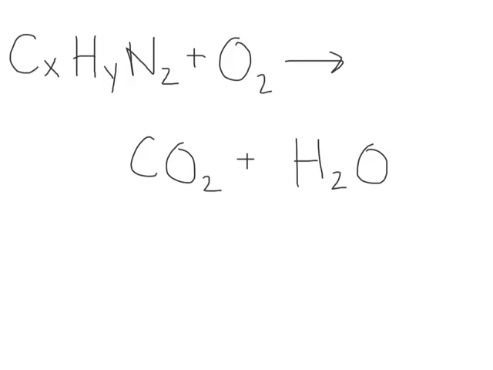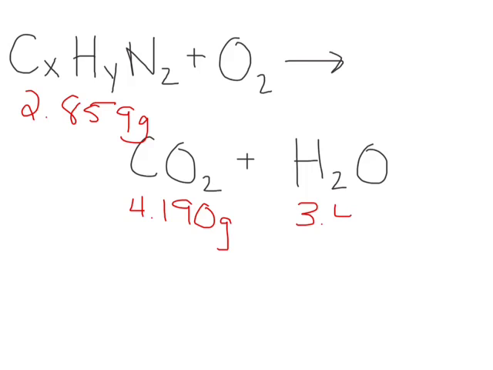So the problem says that there are 2.859 grams of the fuel reacted with excess oxygen, and it comes out with 4.190 grams of carbon dioxide and 3.428 grams of water.